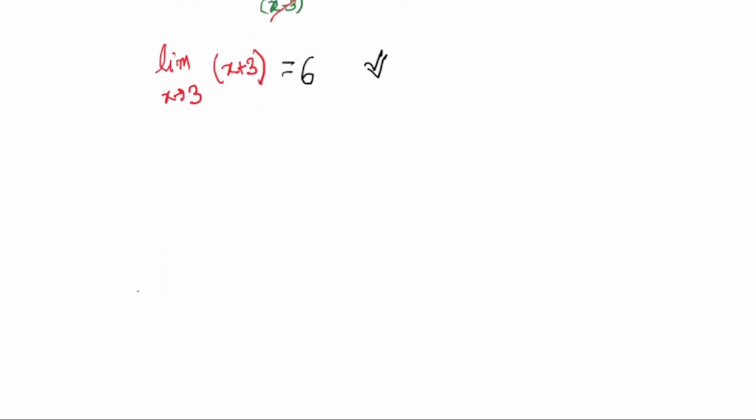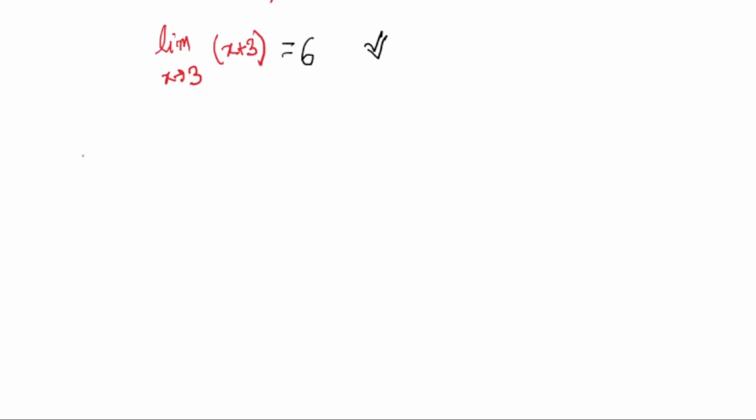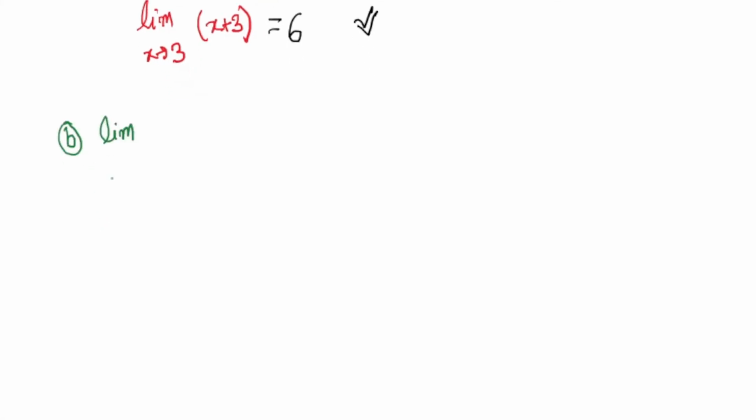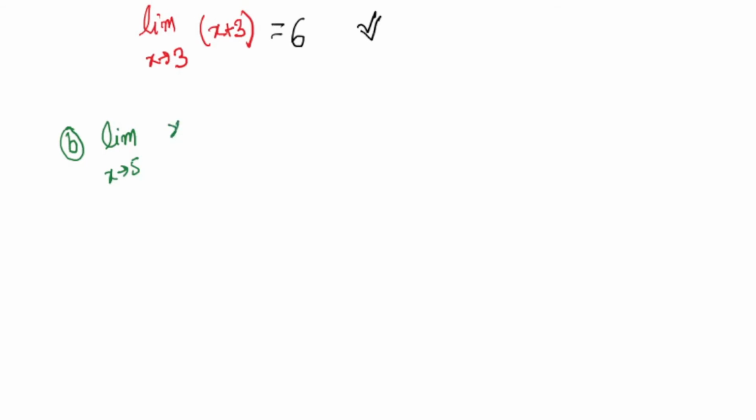Okay, let's see another problem of the factoring method. The limit x tends to 5. There is an algebraic expression, a polynomial expression: x square minus x minus 20 in the numerator, and in the denominator we have x minus 5. If we first look at the numerator, there is a 20, and in the denominator we have minus 5.